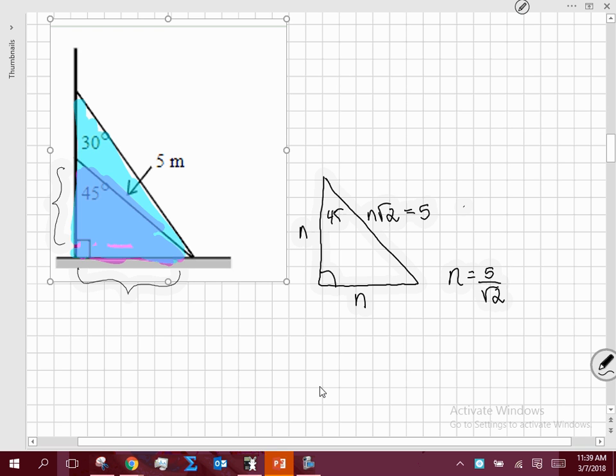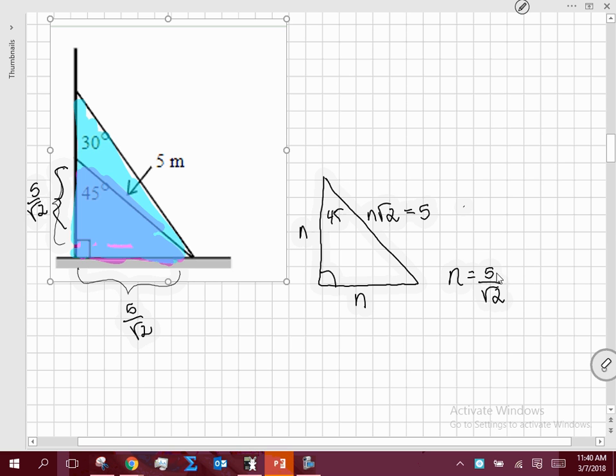Now that's not the answer. I'm just going to write n. So this distance here, you can rationalize if you want to. I'm going to see if just leaving it this way and doing my work beyond that stage is going to allow me to kind of by default rationalize it. I'm not really sure, but it doesn't really matter whether you do it now or later.